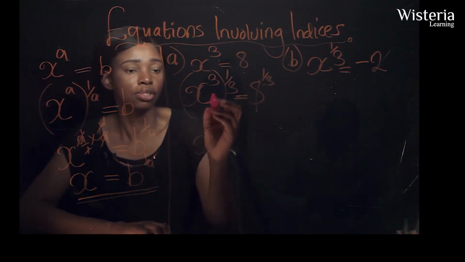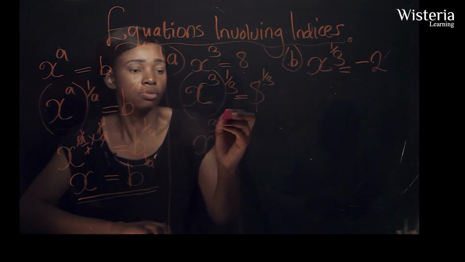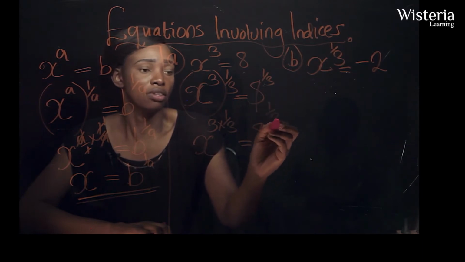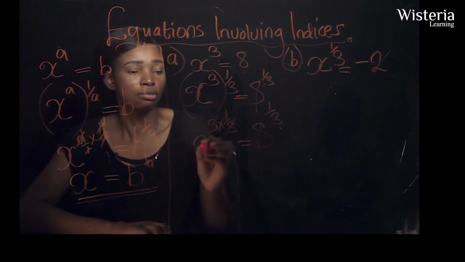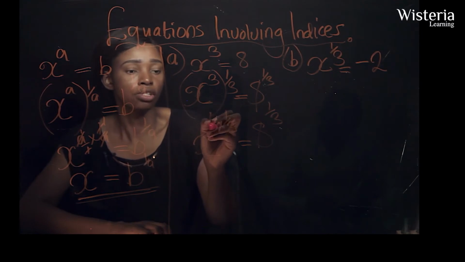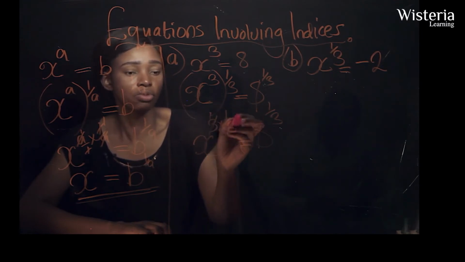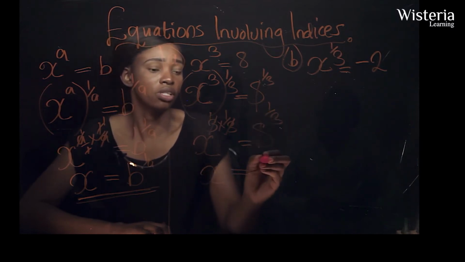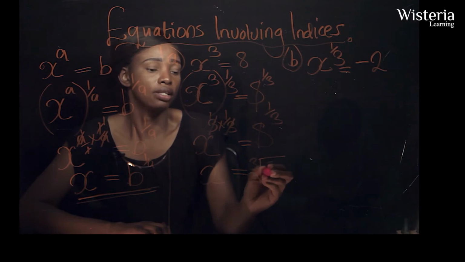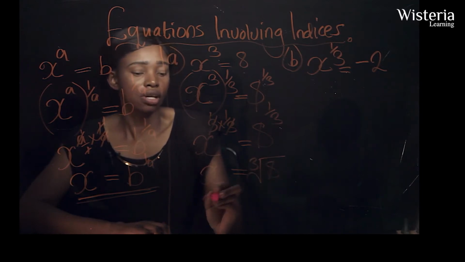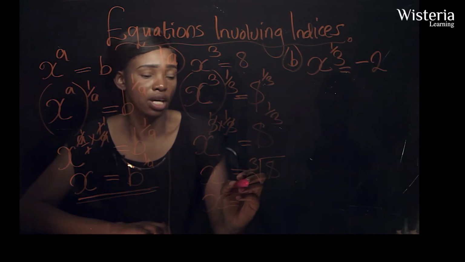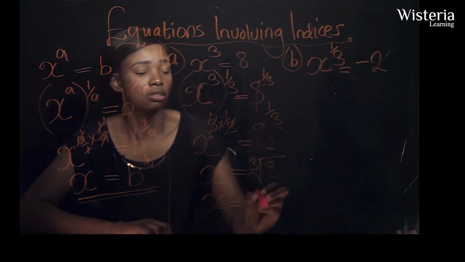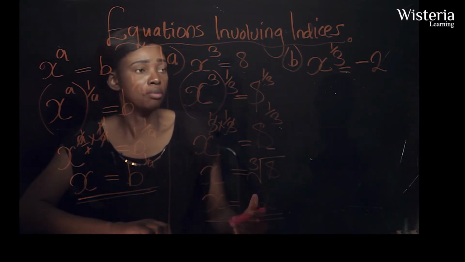So this 3 and that 3 will cancel. When we divide 3 by 3, it will be 1. So x is equal to, this is the same as the cube root of 8. What is the cube root of 8? The number that we multiply by itself 3 times to give us 8 is 2. So that is the answer.